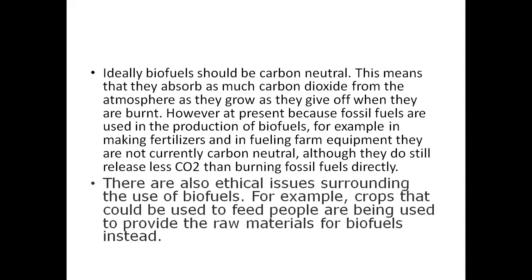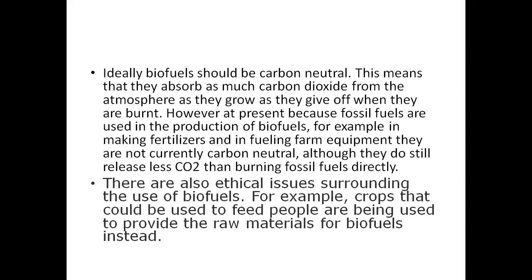Ideally, biofuels should be carbon neutral. This means that they absorb as much carbon dioxide from the atmosphere as they grow as they give off when they are burned.